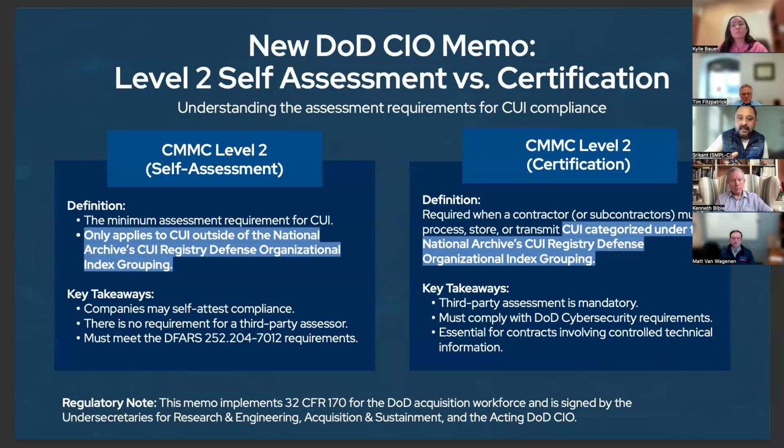So even within level 2, there is self-attestation and a certificate. Self-attestation is supposed to be a very small sliver of things, so it again depends on some of the categorizations of CUI. You need to be really aware of all of that, and then make sure that nothing has changed over time as well, because the flip from a self-assessment to a certification is razor thin.